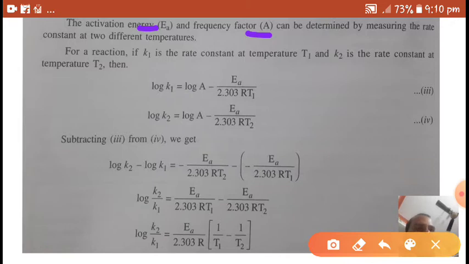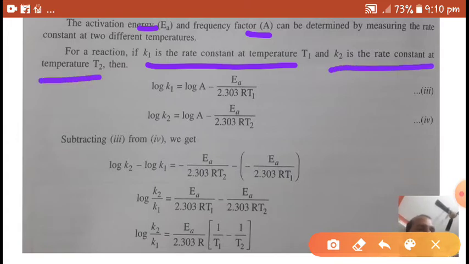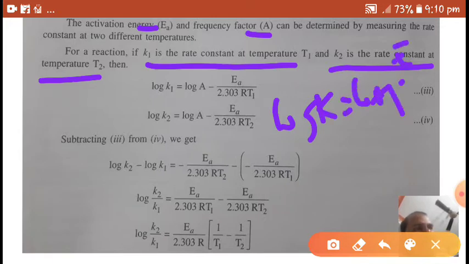For a reaction, if K1 is the rate constant at temperature T1 and K2 is the rate constant at temperature T2, then from the equation we derived, log K is equal to log A minus EA by 2.303 RT.